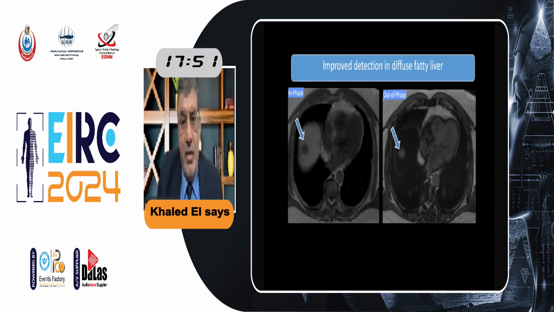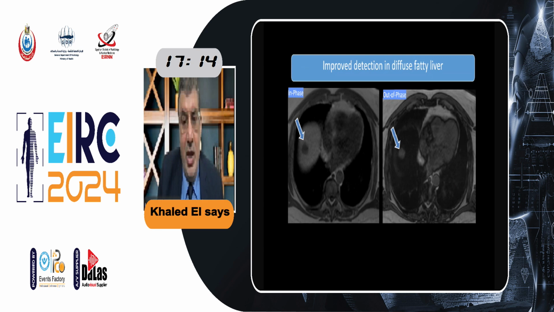Another thing is that you have improved detection in MRI. In conditions like fatty liver, hepatic steatosis, you have so much difficulty by ultrasound, and you also have so much difficulty by CT in detecting focal lesions, because first of all, it causes a lot of artifacts on ultrasound, and on CT the diffuse hepatic steatosis frequently obscures the underlying pathology.